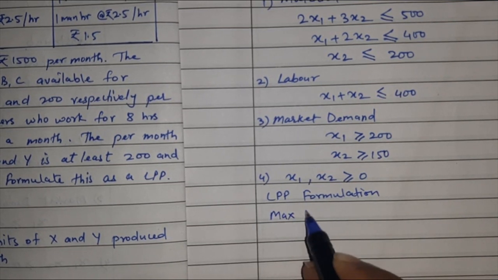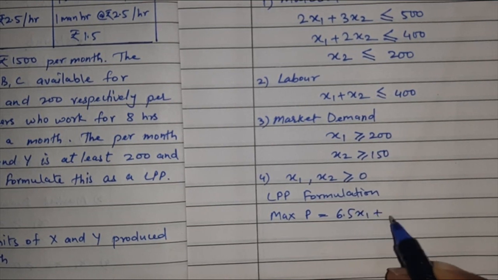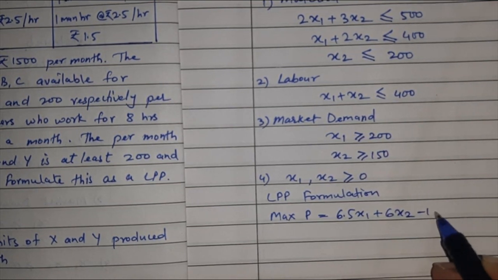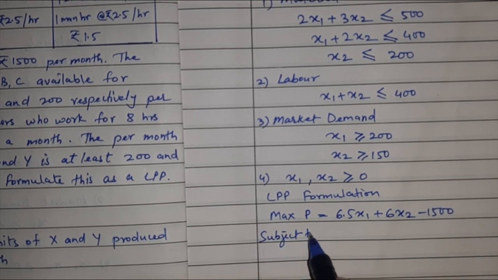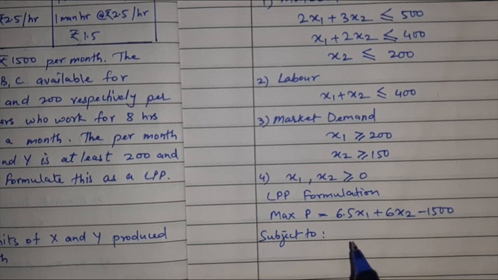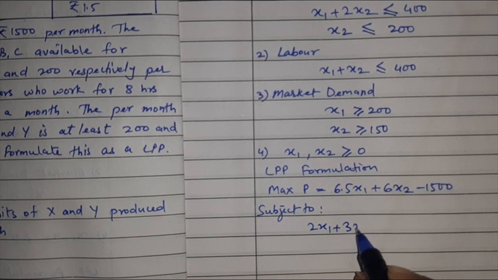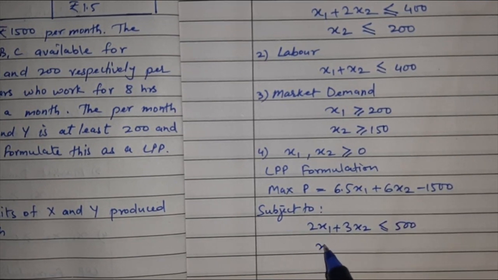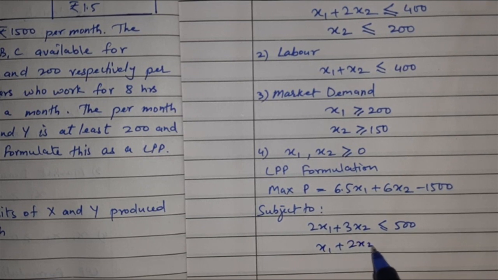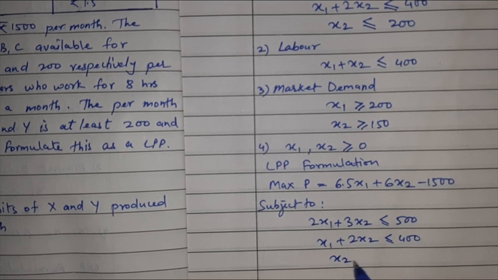Max P is equal to 6.5 x1 plus 6 x2 minus 1500, subject to all the constraints. 2x1 plus 3x2 less than equal to 500, x1 plus 2x2 less than equal to 400, x2 less than equal to 200. Okay.